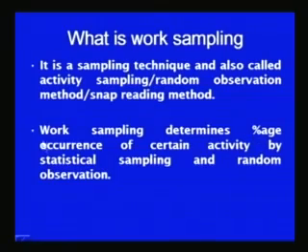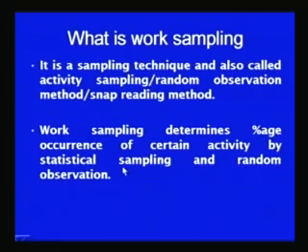Snap reading method is just like taking a photograph of the shop floor which is to be studied for work measurement, and that snap will indicate at that moment how many persons are working, how many machines are being run, and how many operators are engaged in activities other than those required to be done by them. So, work sampling actually determines the percentage of occurrence of certain activity by statistical sampling and random observation.